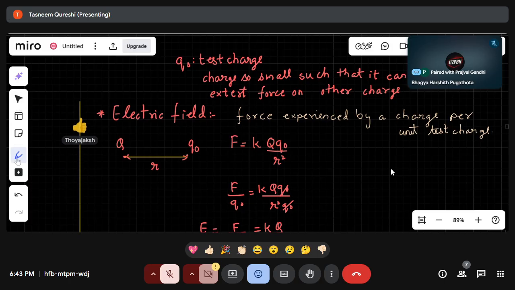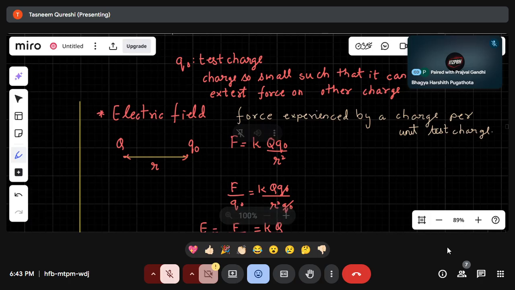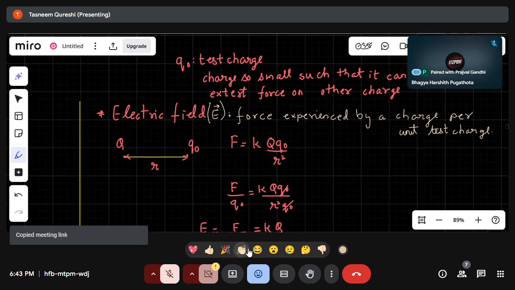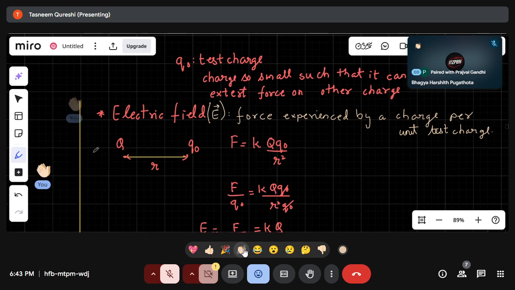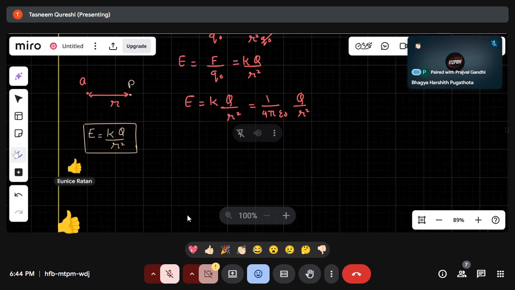And let me just write the symbol of electric field also. The symbol of electric field is E with a bar over it, meaning your electric field is coming from force, right? So if force is a vector, electric field should also be a vector. We will write all of that below. So electric field E vector is force experienced by a charge per unit test charge, or somewhere it is written electric field is space surrounding a charge in which electrical behavior can be observed. It's called electric field. We can write that also.